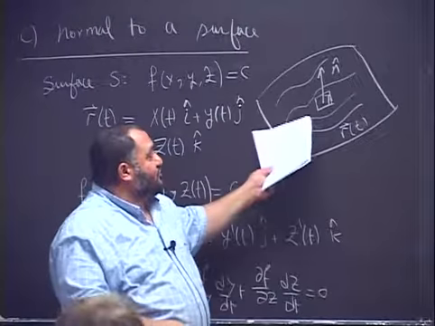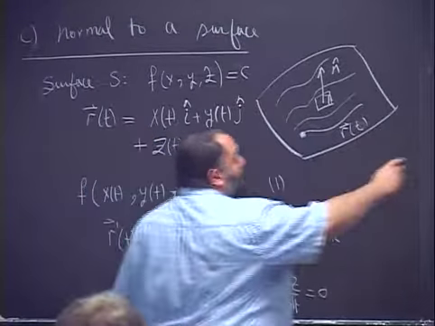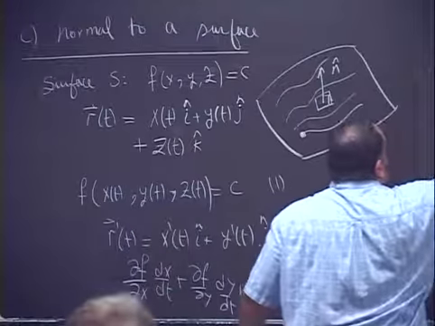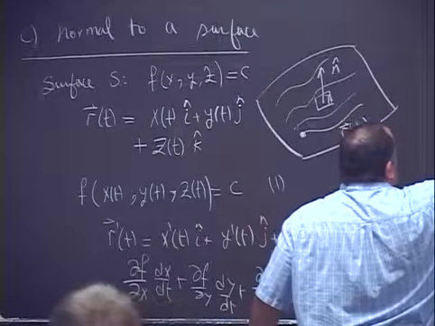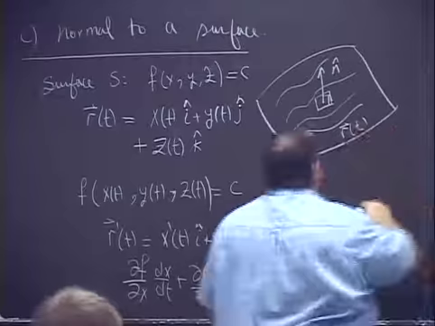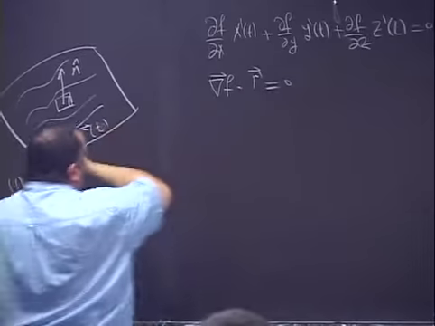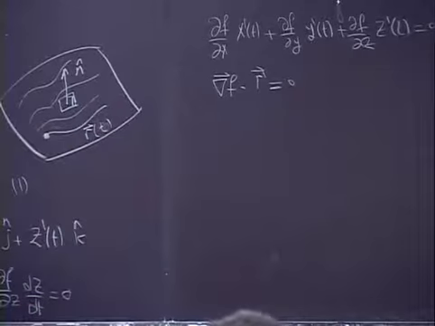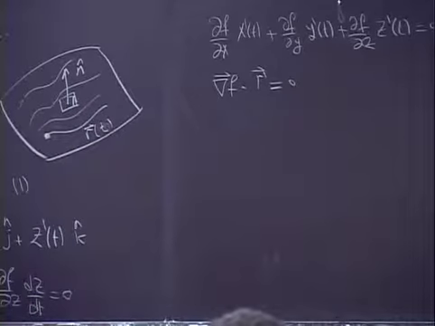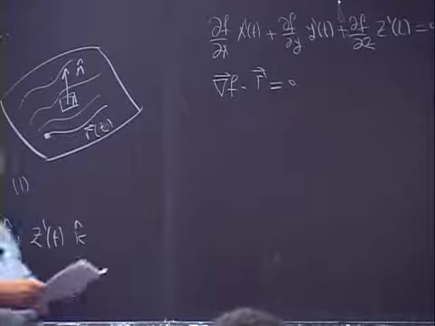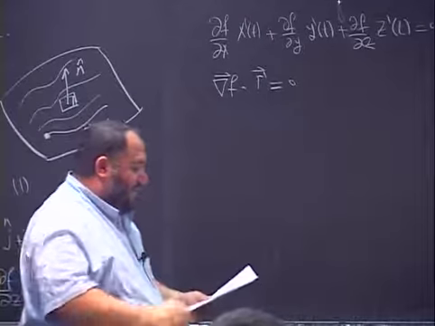This surface of tangents will have an equation that represents r prime, and if you dot the gradient of the function f with this tangent, it will give you 0. This means that they are perpendicular.